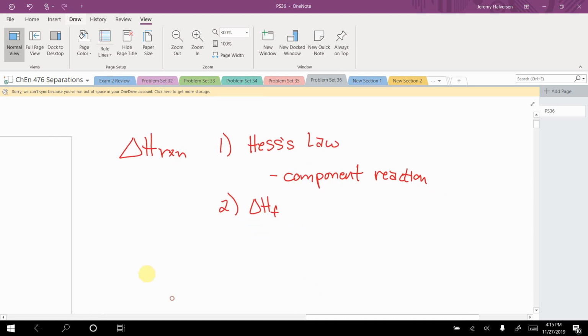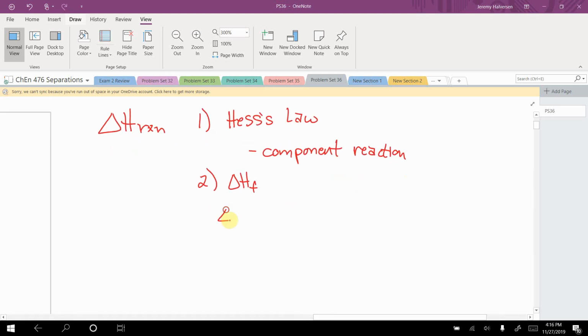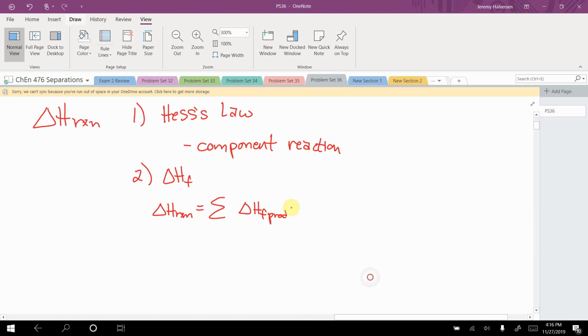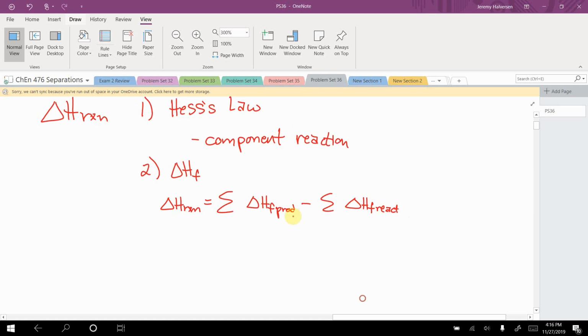We'll talk about what a formation reaction is, but essentially if I have the enthalpy of formation, which is the heat associated with forming a certain compound, then I can calculate the delta H of my reaction by summing up the delta H's of formation of my products, because I'm forming my products, and then subtracting the delta H of formation of my reactants, because I'm not forming my reactants, I'm unforming them, so I want to use the negative value of the delta H of formation of my reactants.